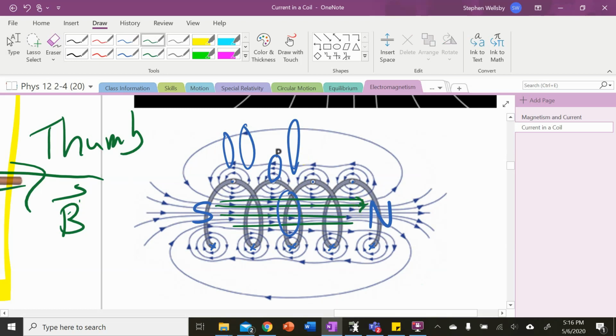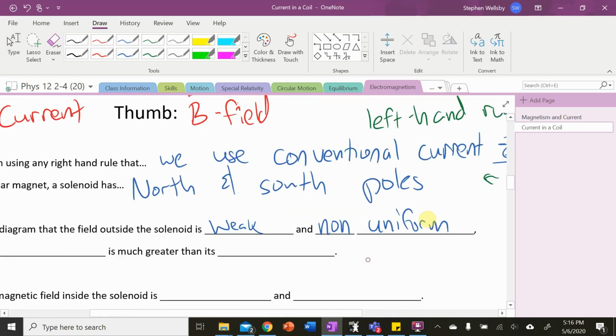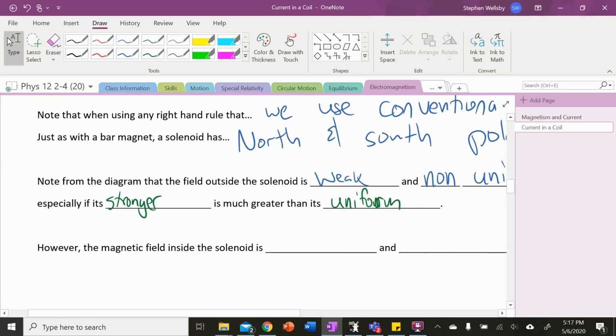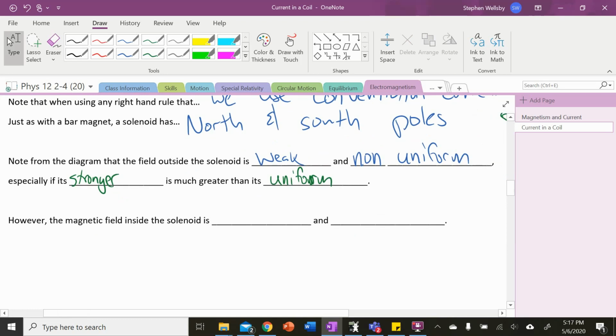So inside these coils, the magnetic field is, first of all, stronger because the lines are packed much closer together, and it is uniform. Sorry, I was using the wrong lines here. So the field here is stronger, and the field is uniform.